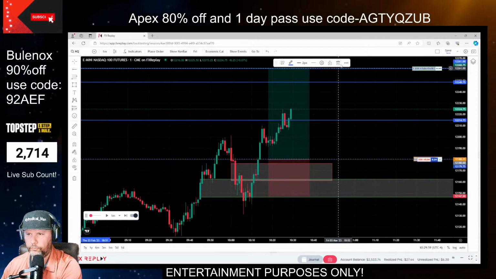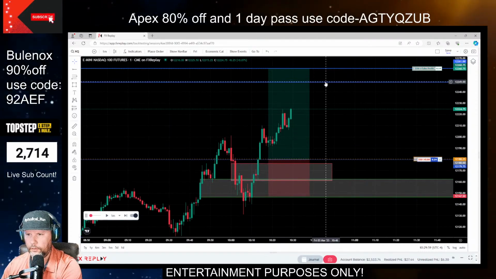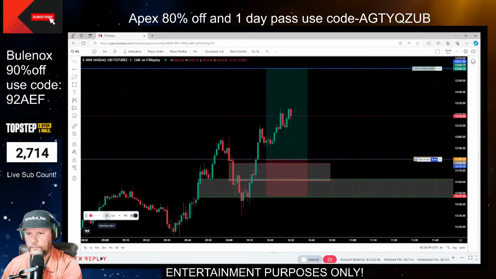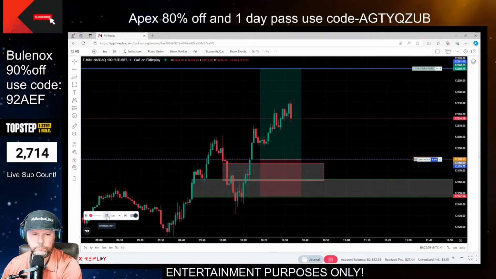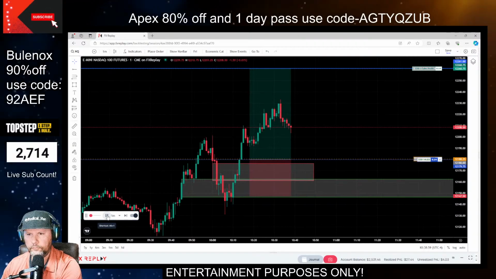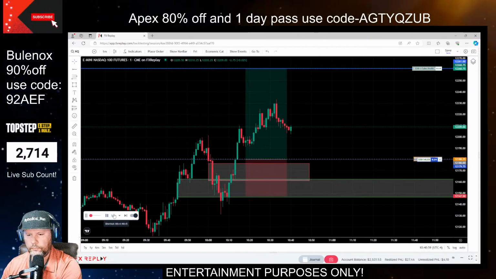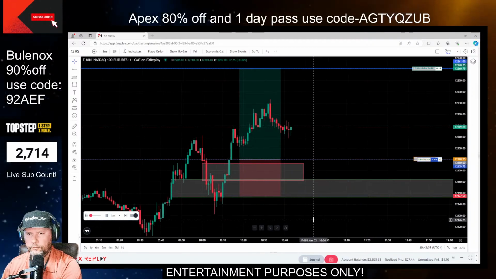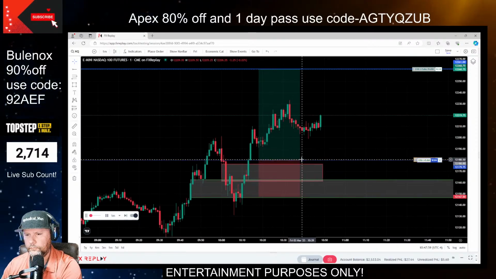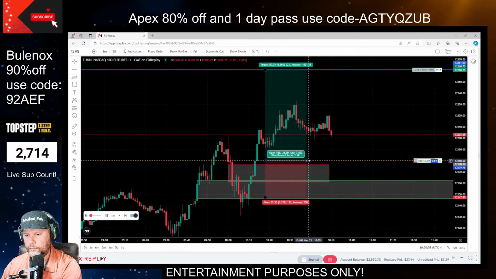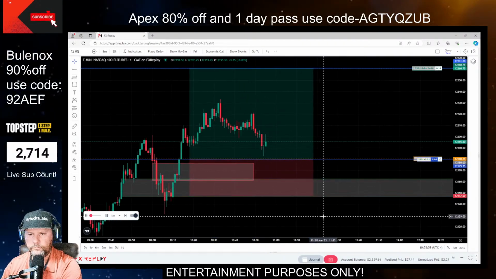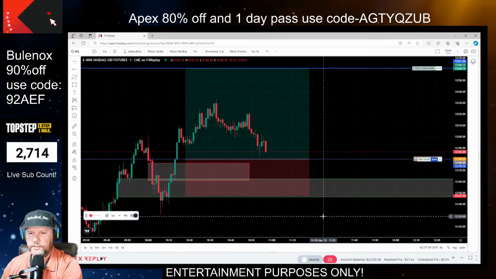So we're holding on to just a runner at this point. And we're going to target this upside target. Almost got stopped out there.